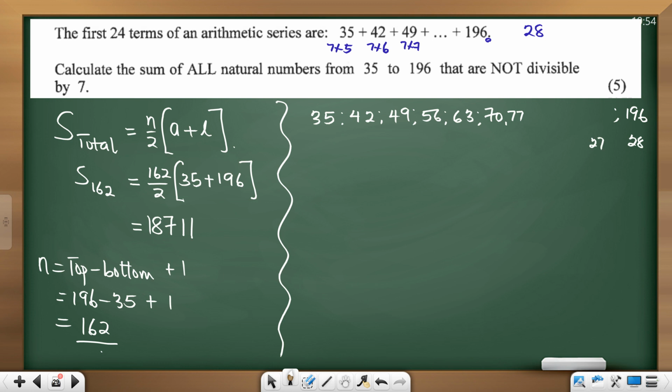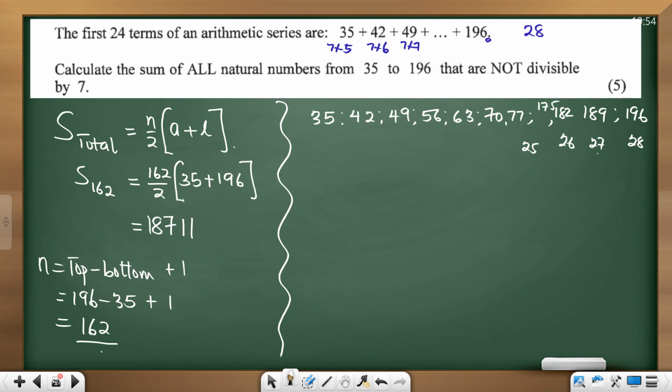The 28th term. What is 7 times 27? 189. Okay, do you know that that's not divisible by 5? What is 7 times 26? We're looking for the last one in the sequence that is 182. Not divisible by 5. What's the next one? 7 times 25 would be what?